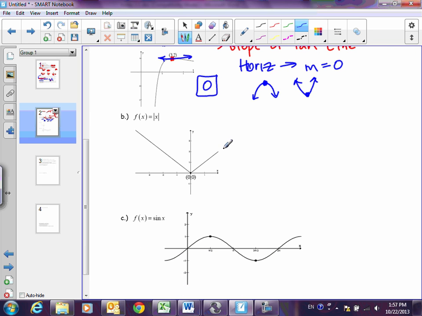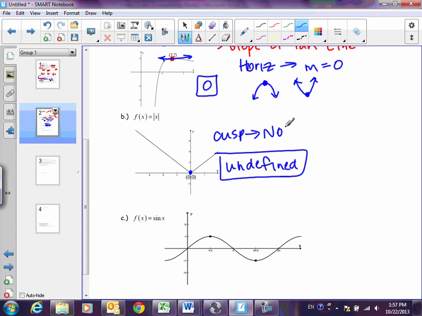Okay, B, absolute value. 0, 0 is the relative min and the absolute min. But what's the derivative right here? The derivative is, we'd call it undefined, right? Why? Yeah, because they're not differentiable. So anytime you have that sharp turn, there's no derivative there.